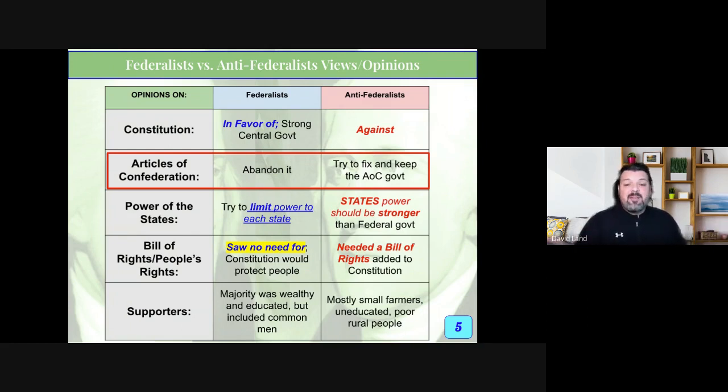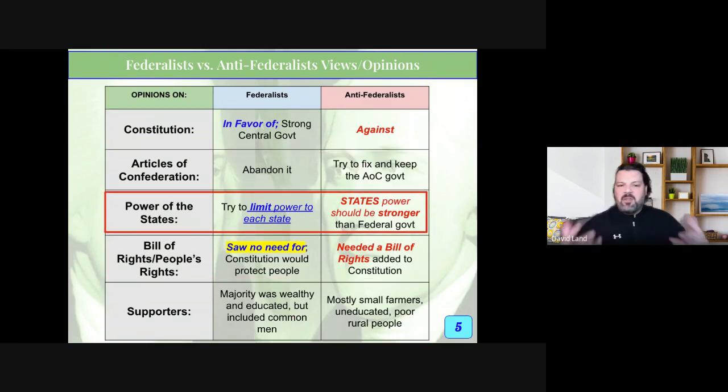The Anti-Federalists liked the AOC because it gave power to the states. So there we go, power to the states. So Federalists wanted control in the center, the government. So they wanted to limit the states' power so that the individual little states, the 13, couldn't control the parent. That means the Anti-Federalists wanted the states to be stronger than the federal government. So they liked the AOC, remember?